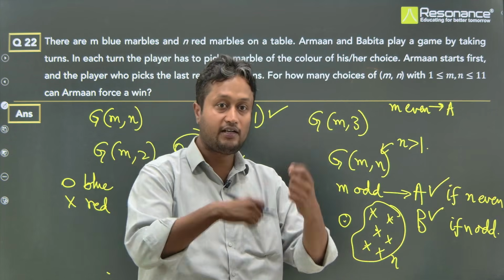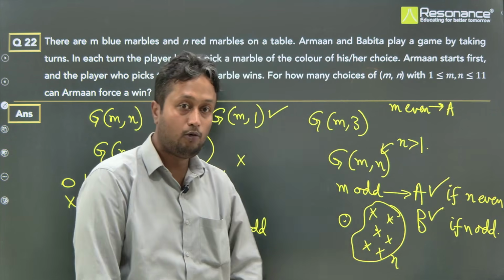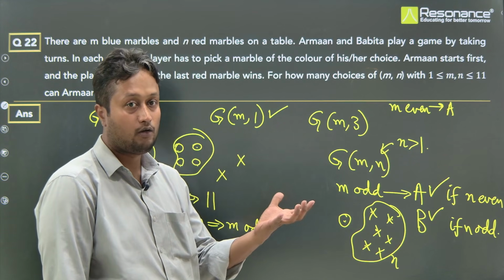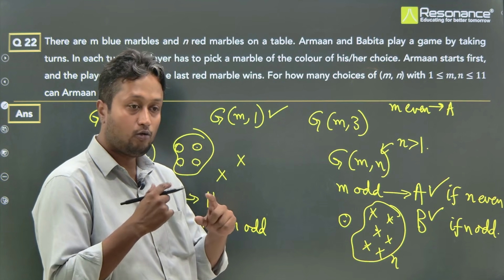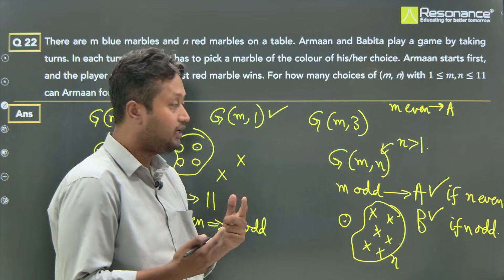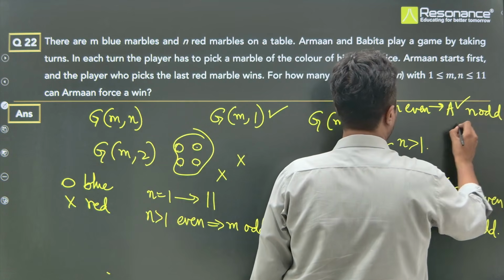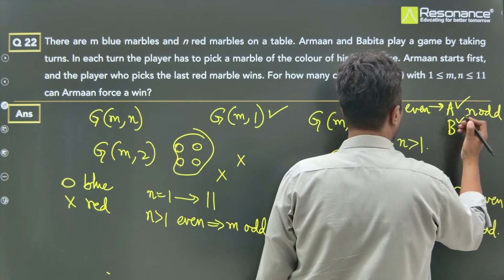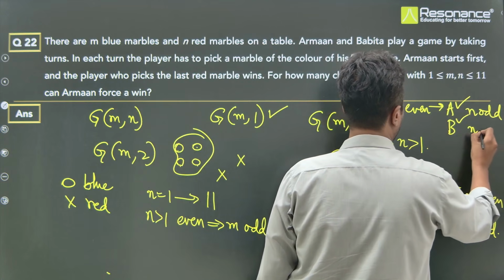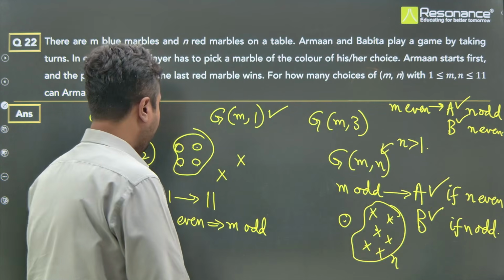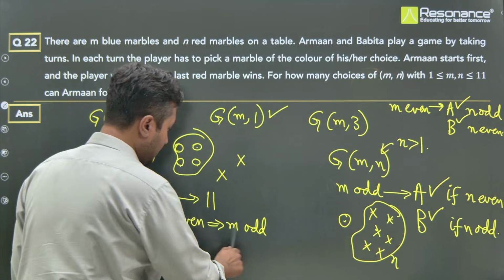They'll just keep finishing the blue pile and they are left with only red ones. Only red ones means the only scenario Arman can win is n odd. And in the other scenario, Babita can force a victory, right? So that is one situation.